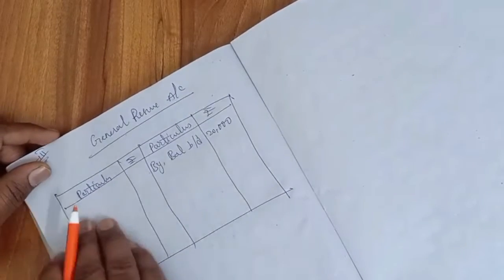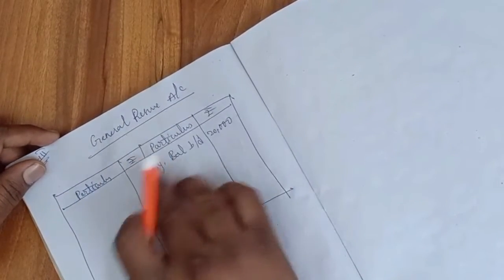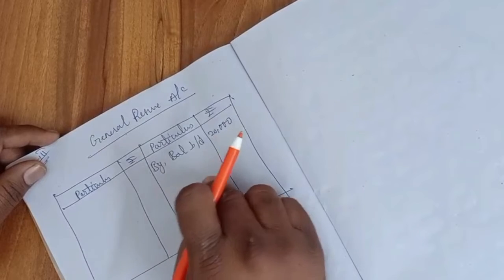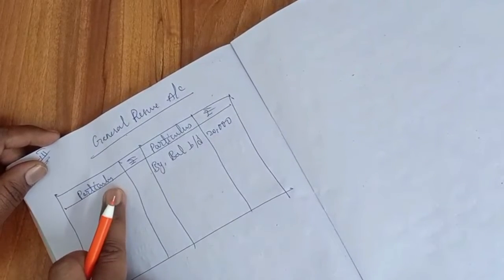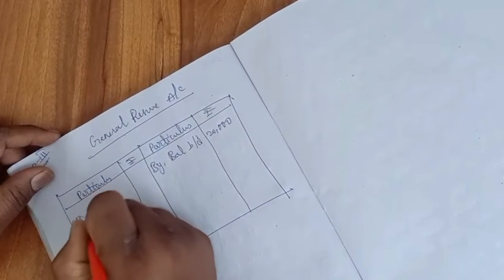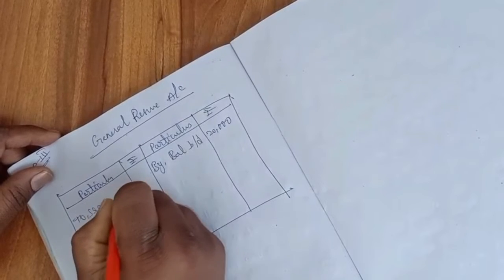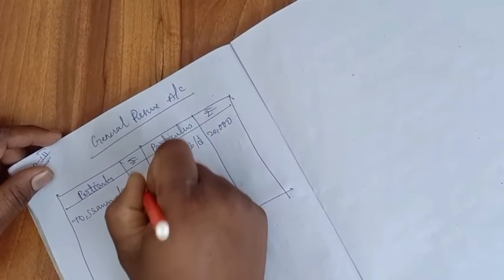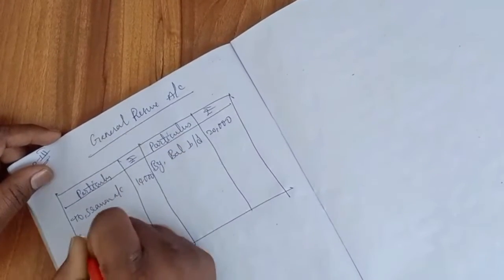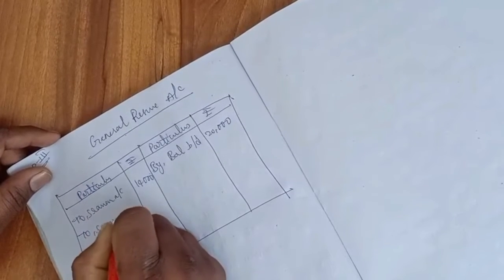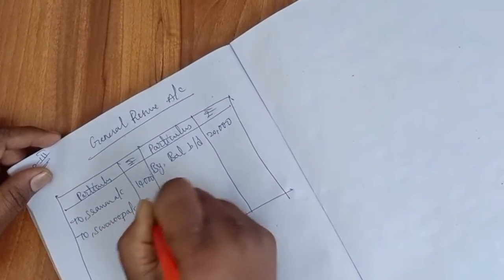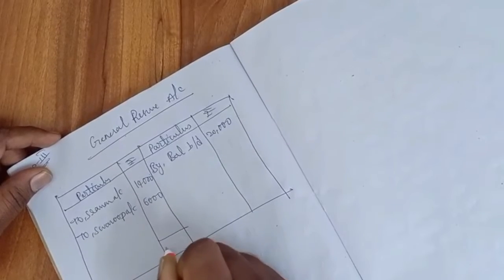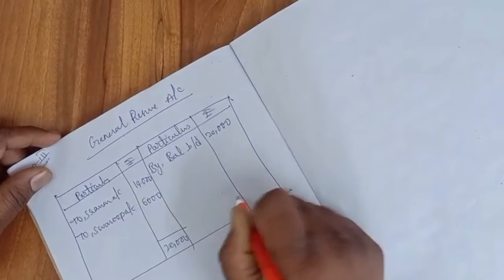And debit the receiver. General reserve account is nothing but like personal account rule, credit the giver and debit the receiver. Shravan has received how much? To Shravan account, that is 14,000, and to Swarup account 6,000. So both sides are equal, 20,000.